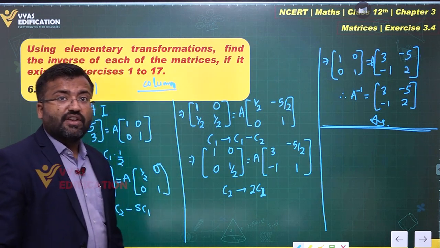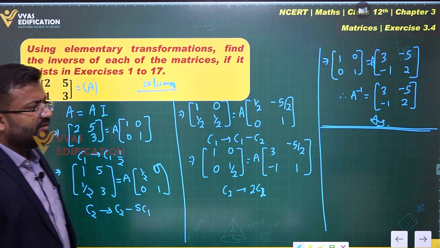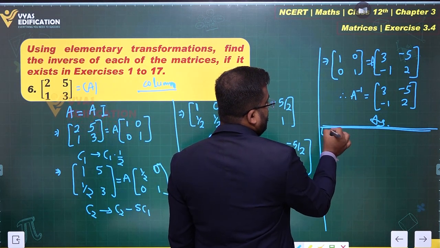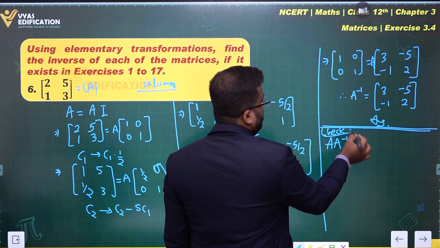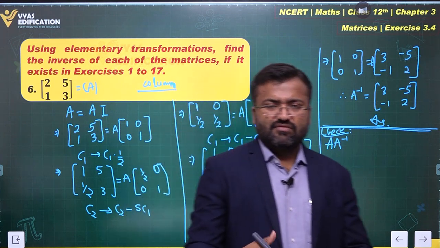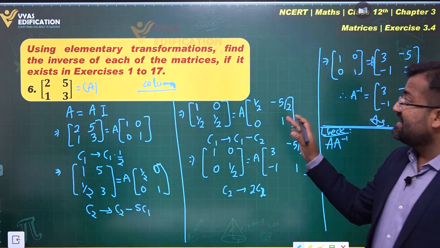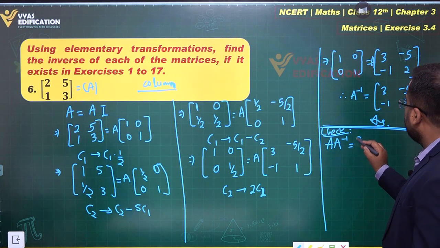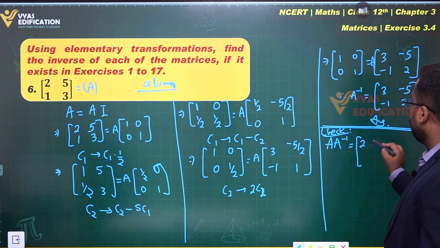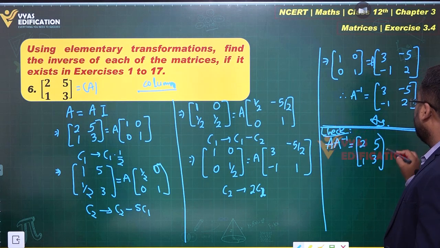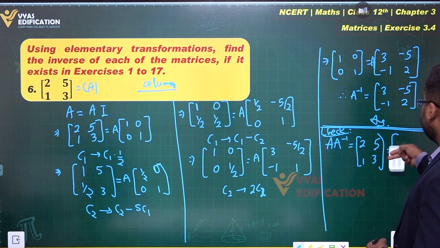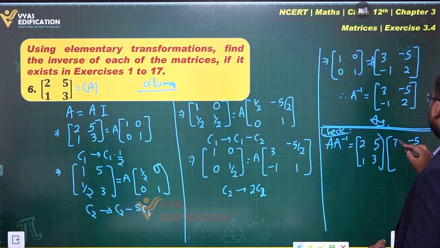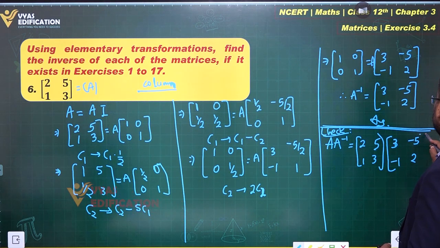Yes, we should always verify the answer. We should always verify the inverse in case of inverse. So let's do the A inverse check. This check can be done, if it is not asked in the question, in the rough as well, right? So A times A inverse is 2, 5, 1, 3 times 3, minus 5, minus 1, 2.